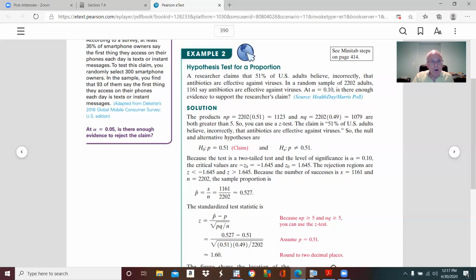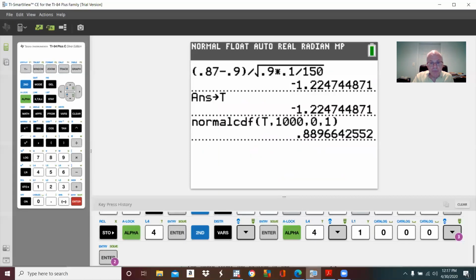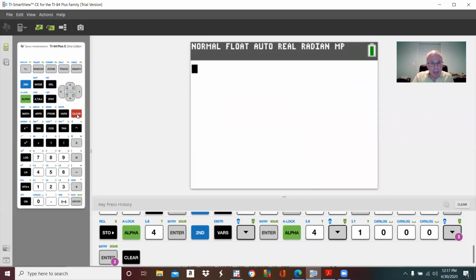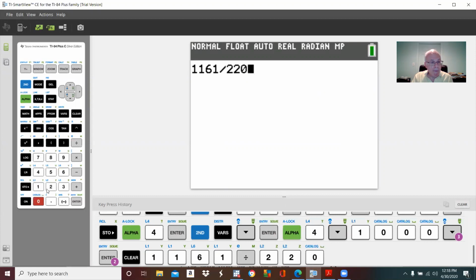All right. So we'll go back to our calculator. Clear this out. Now, the first thing I'm going to do is calculate our sample proportion with the calculator. So I'm going to put in the numerator 1161 and divide by our denominator of 2202. Hit enter. And that's p hat. Now remember, p hat is being used in the test statistic formula.